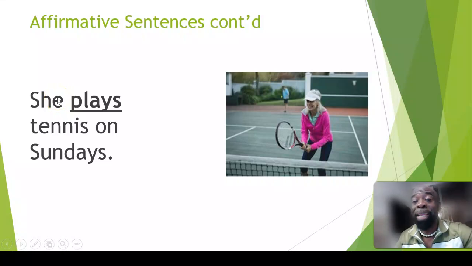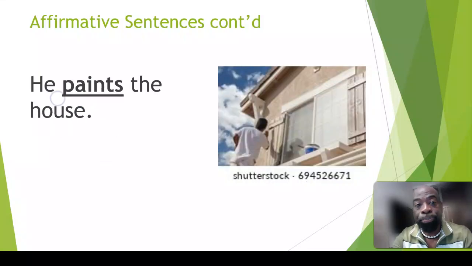So she plays tennis. Some other examples: he paints the house. Again, paint is your base verb, and the s is added because the subject is a singular third person.